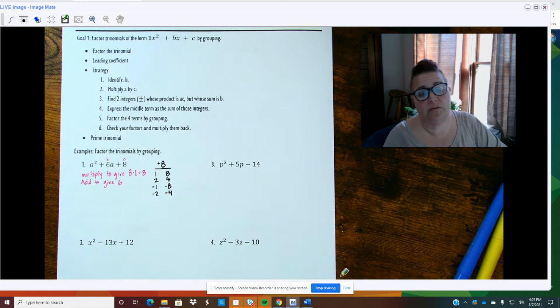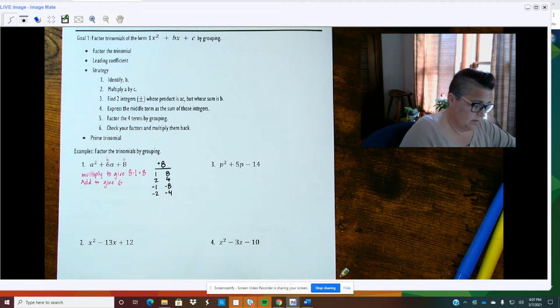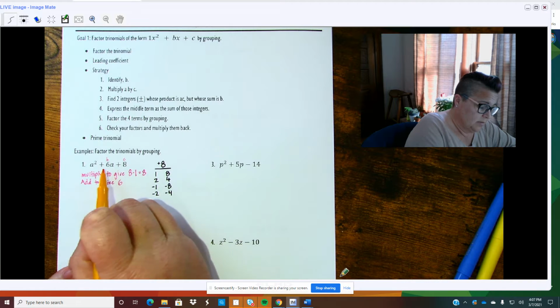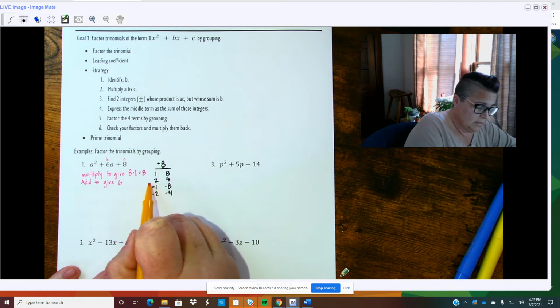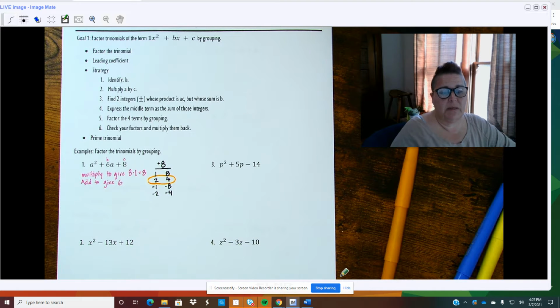Remember, we want those factor pairs to be positive or negative, right? Which one of these factor pairs will also add to be 6? As I'm looking at these factor pairs, I need them to add to be a positive 6. That would be these guys. So the pair I'm choosing to use is 2 and 4 because they multiply to give me 8 and they add to give me 6.